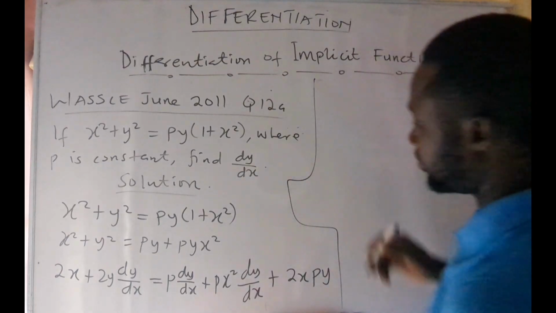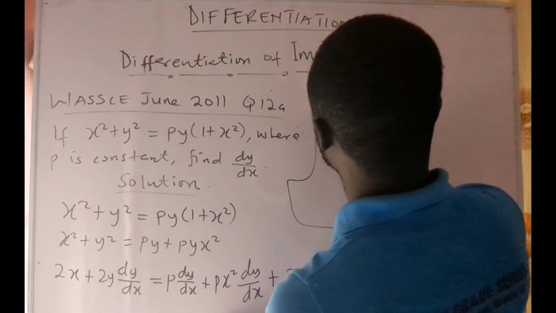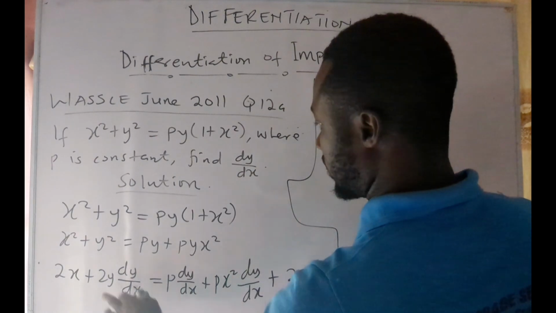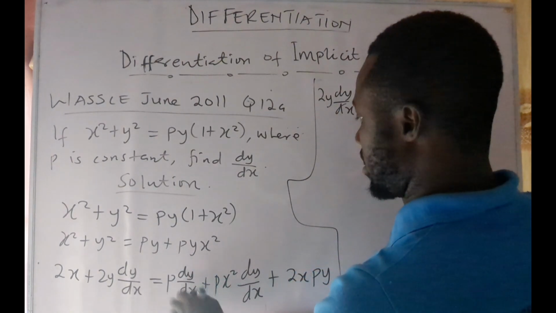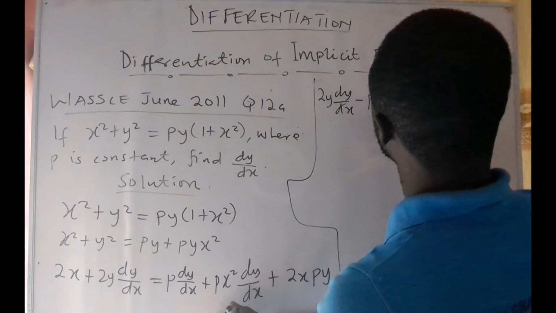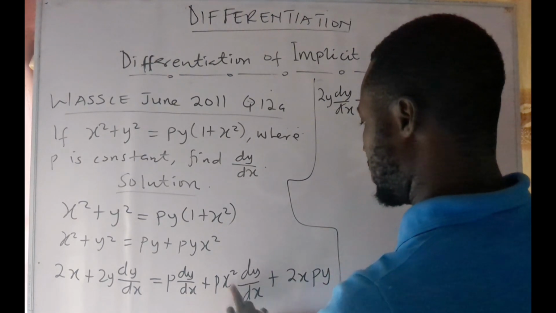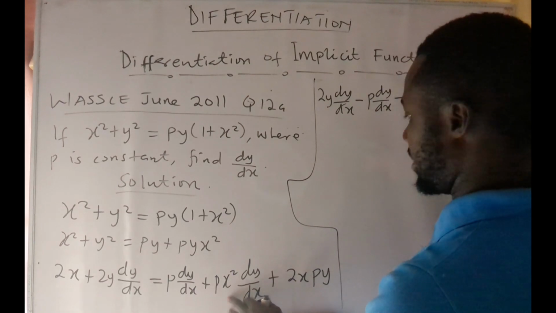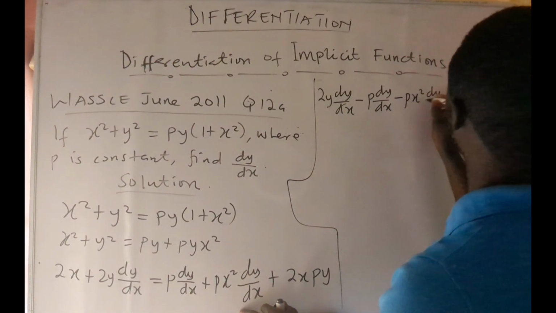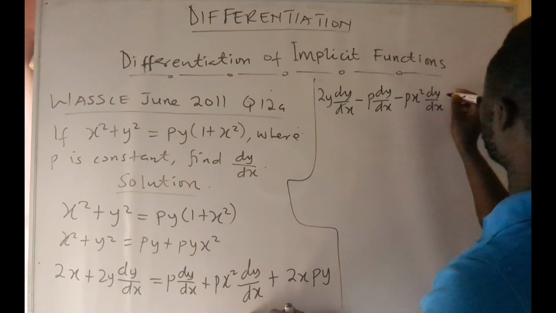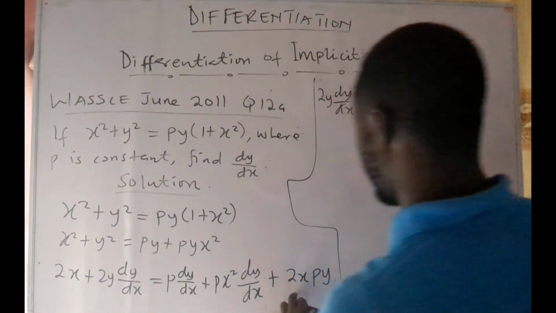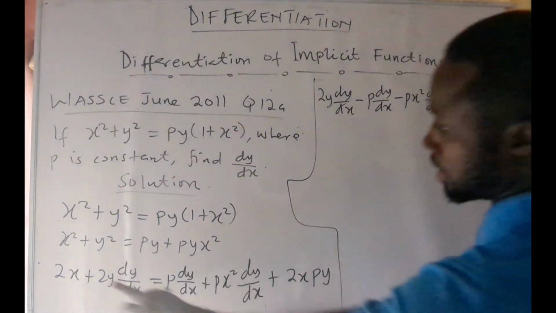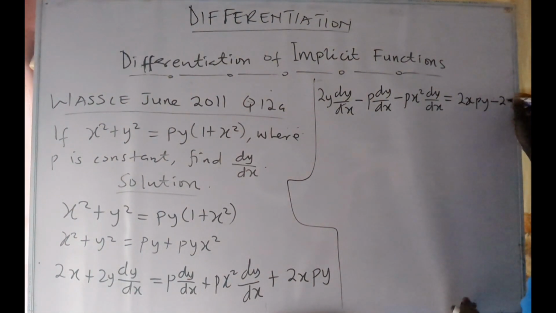So I'll have 2y dy on dx, minus p dy on dx, then minus p x squared dy on dx, to be equal to what is left: 2x py, then we bring the 2x minus 2x.